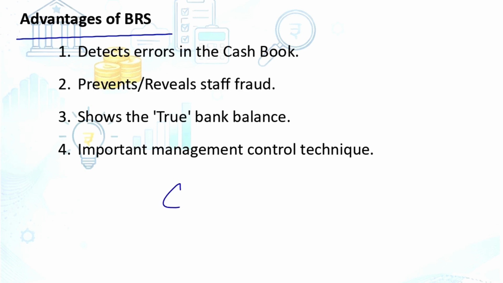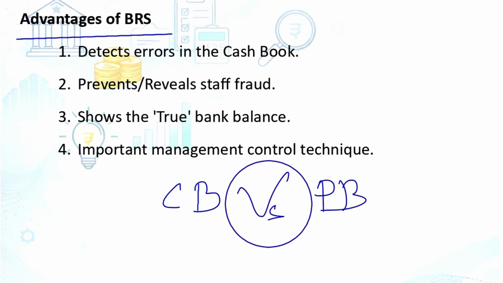If you compare the cash book with the passbook, it detects any errors in your cash book and prevents staff frauds and clerical errors. It will always show the true bank balance and help forecast the future of the company. It is very important to control the company.